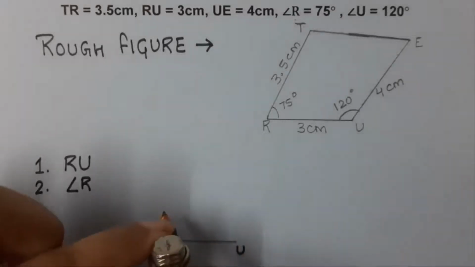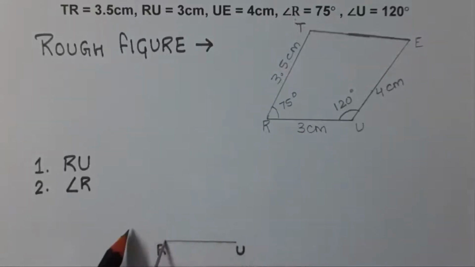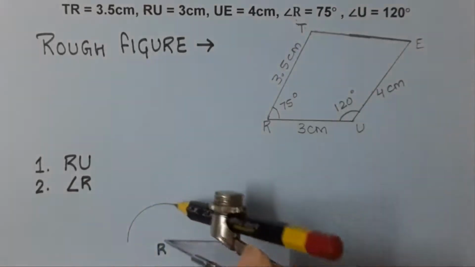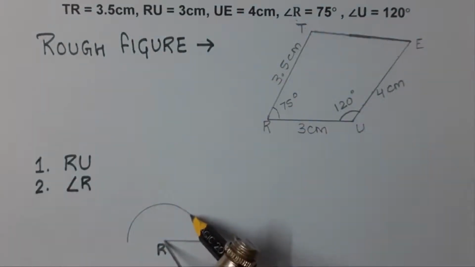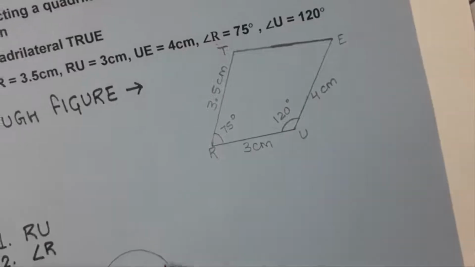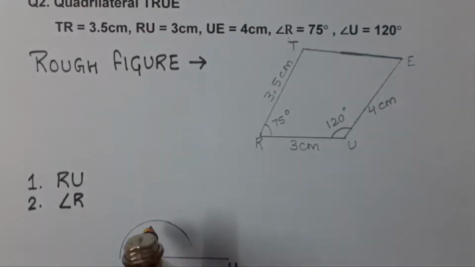We have this vertex R. We place the pointer at R like this. Now I'll make an arc like this. We can even tilt the figure a little bit.